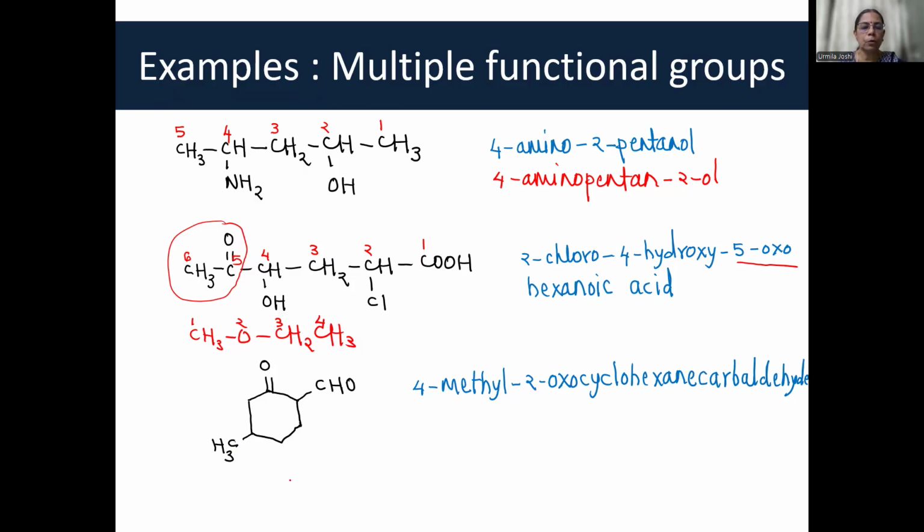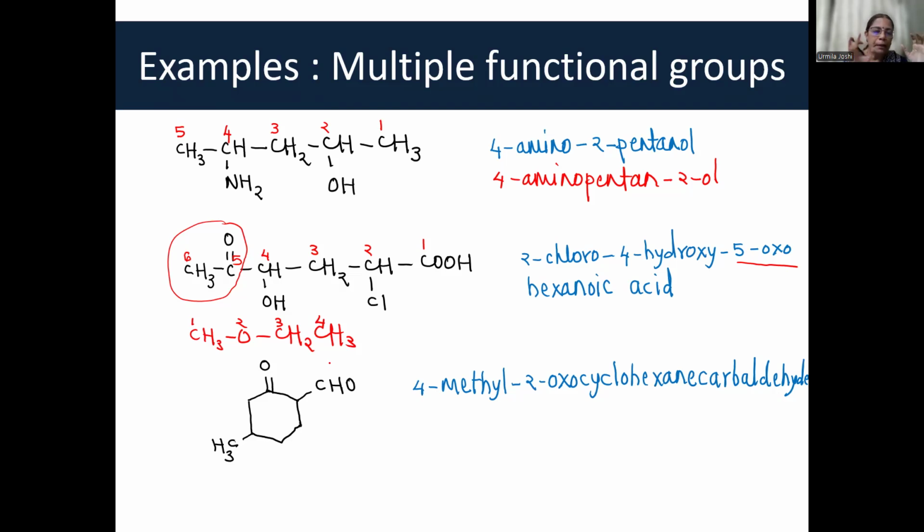Now coming to the next one. One thing everybody has to remember, and that is in nomenclature, a ring and a chain, although they are in continuation, are never numbered in continuation.